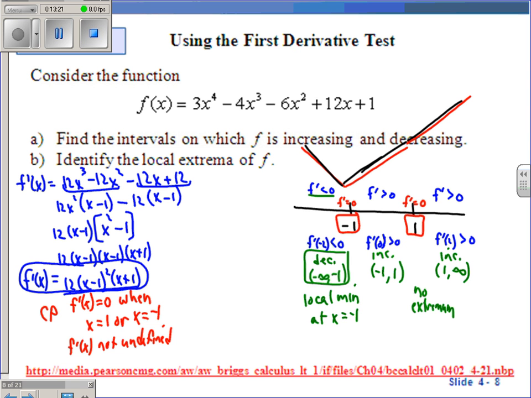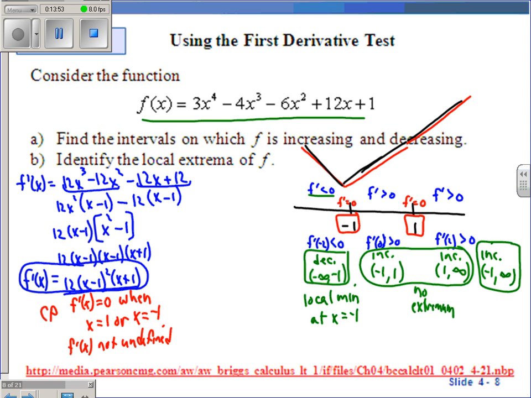Now, -1 to 1 and 1 to infinity are both increasing. We can put that in one interval as long as x equal 1 is in the domain. Is 1 an allowable number into this function? Is it in the domain of the function f? It is. We would get a y value there. So we can take these two intervals and combine them and say that it's increasing from -1 to infinity.